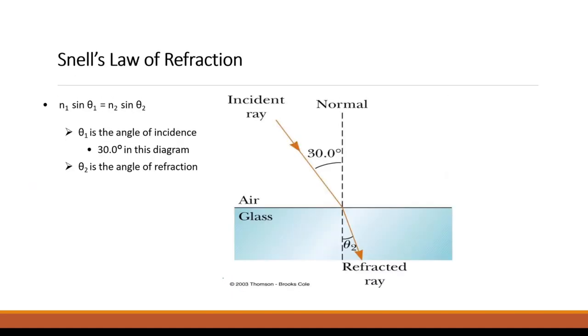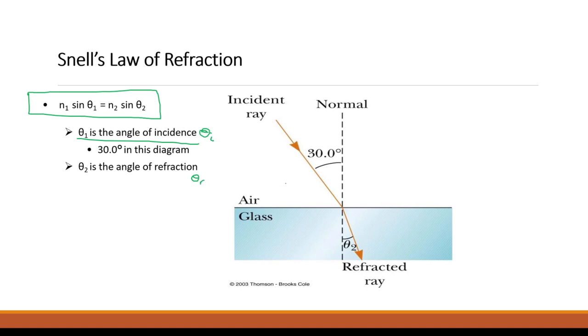If we substitute that, then we manage to get Snell's law of refraction, which looks like this, where theta 1 is the angle of incidence. We've seen it so far with theta i, 30 degrees here, and theta 2 in this case is our angle of refraction that we've been seeing.